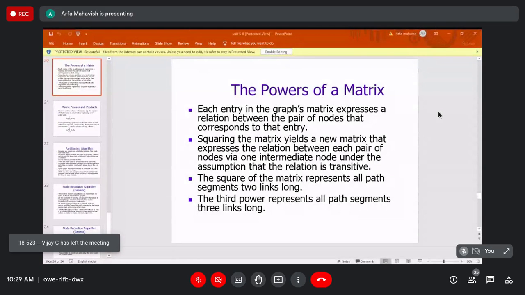Okay, good morning, guys. So we have started our 15. In the last class we saw the matrix of a graph, and now we will look at the relationship.